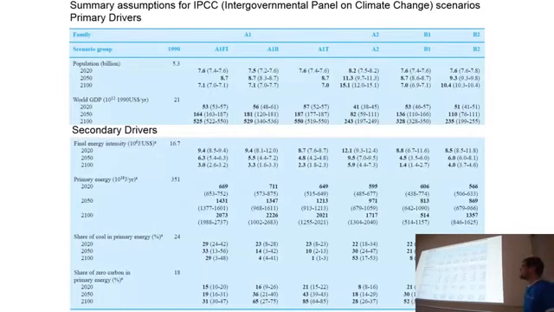We basically have to think about, I think you've got these tables in your notes, at least some of these tables, what the world population is going to be, and then what the economic activity of that population will be in terms of money, how much money each person is going to make, and then also the energy intensity.